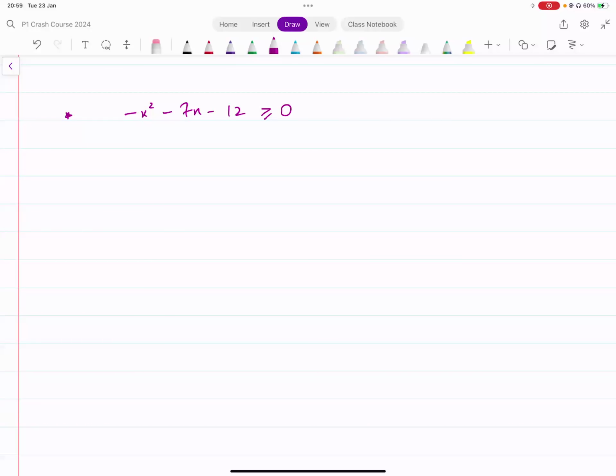Aisha, Ira, Maheen. Maheen, we're not solving an equation. It's an inequality. They would be the cutoff points, the x-intercepts, yes. But what about the solution of the inequality?